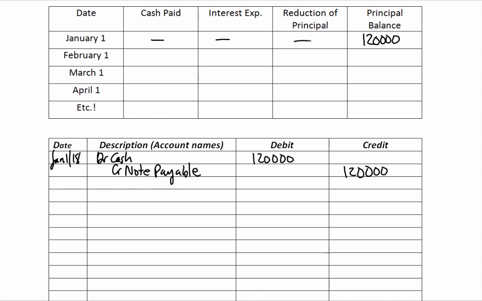On February 1st, we're going to pay $2,000 of the principal, right? So we know that this is what we're going to pay of the principal. And after this payment, if I deduct it, I will only owe $118,000. Okay, but the interest expense, I have to calculate that I've had $120,000 for 31 days, 1 month.